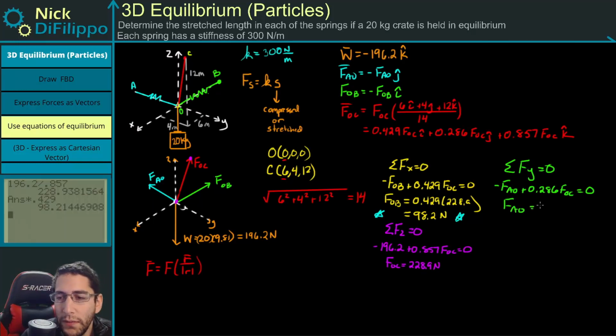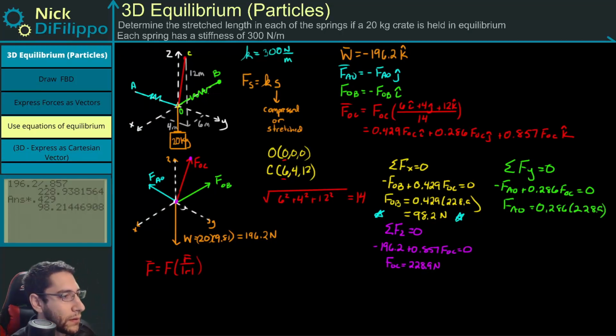F_AO is equal to 0.286 times 228.9. And this is equal to 65.5. And let me star this as well.